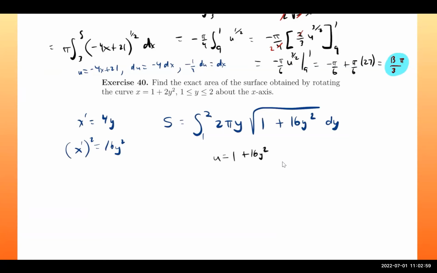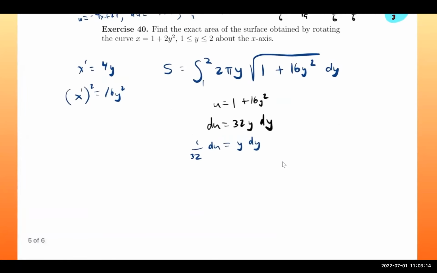You can just do a u substitution to integrate. So u will be 1 plus 16y squared. Du will be 32y dy. Dividing out the 32 gives us 1 over 32 du equals y dy. Now we can substitute out the y dy and replace it with 1 over 32 du.